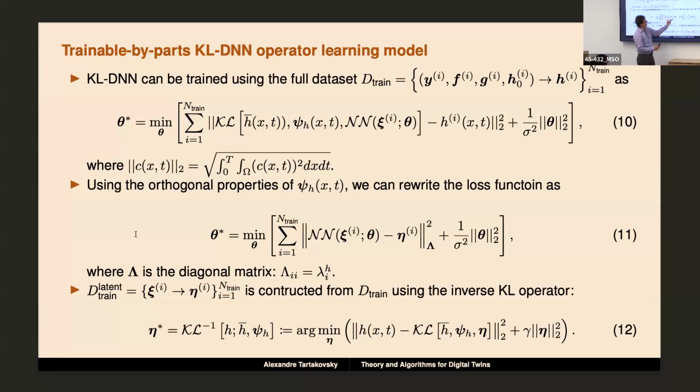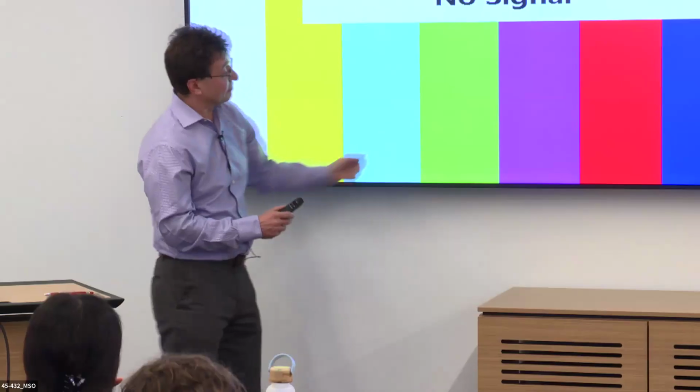But anyway, this is a weighted norm, with a diagonal matrix whose diagonal elements are given by the eigenvalues of the H covariance. Okay? Now to evaluate this term, we need to know the values of xi_i and eta_i, so we can find these values from our full training data set using what we call the inverse KL operator, which is given here.